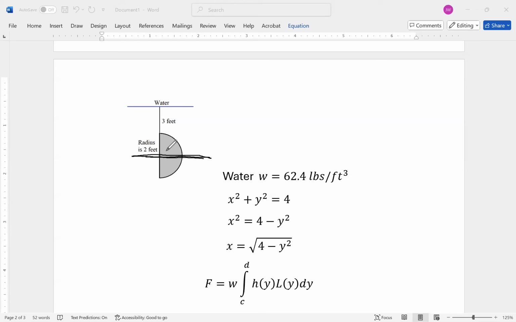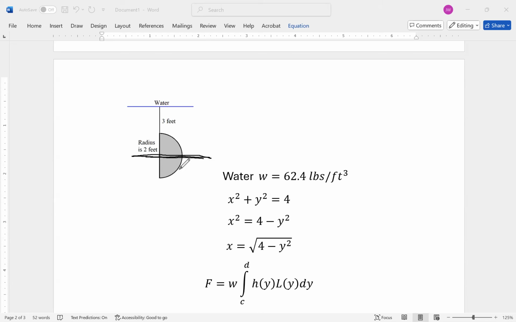If I took this semicircle and flipped it so it is horizontal right along this line, I would find fluid force by 62.4, the weight density of water, times the depth, which is 5, times the area.